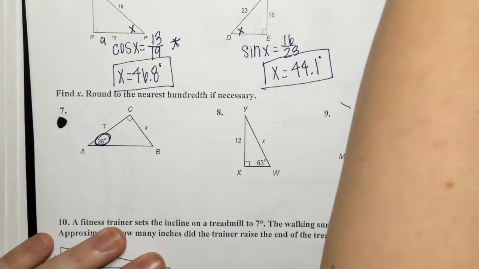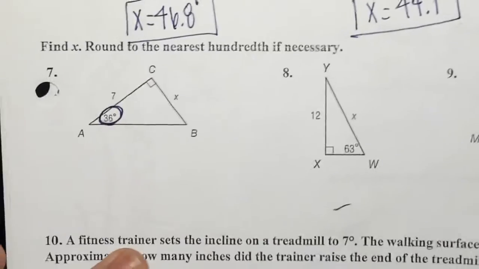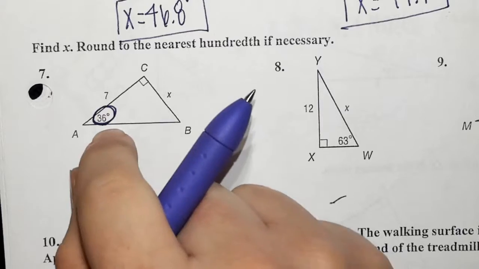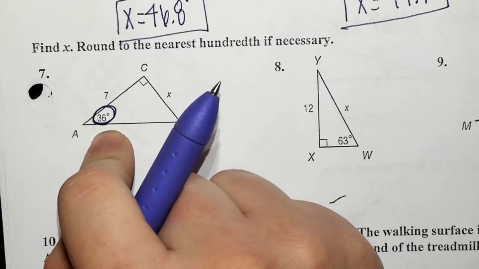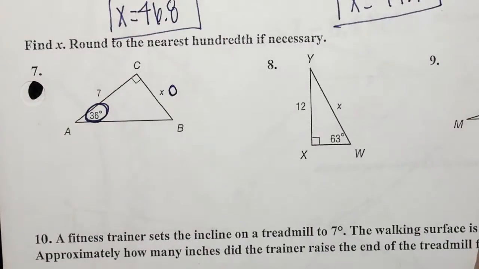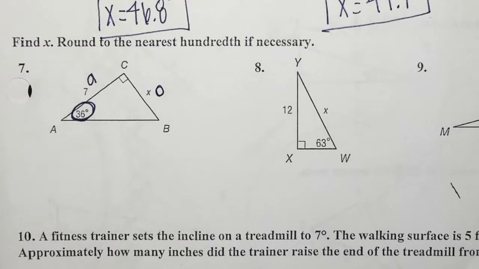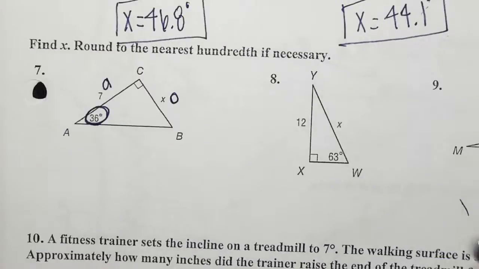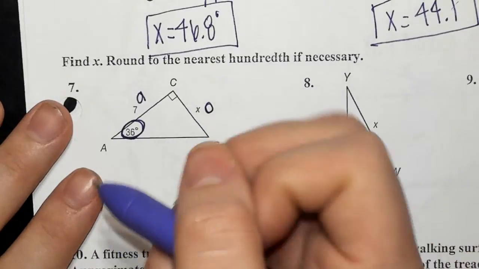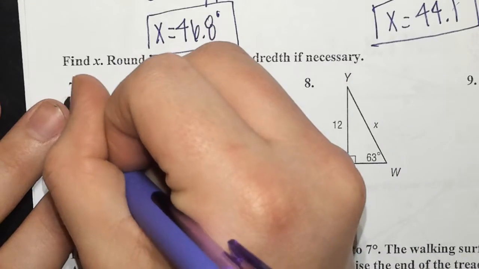Okay? Alright, 7. So we're finding x. In relation to the angle that's not 90, 36, x is O, A, or H? Okay, 7 is A, adjacent. So what trig function? Tangent. So instead of writing tan x, we actually get to include our angle this time.